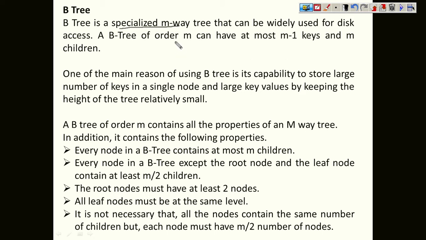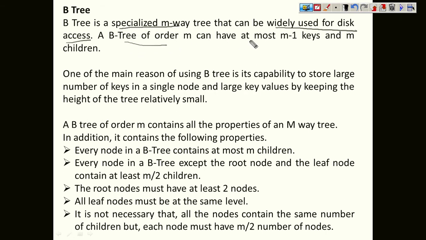B tree is basically a technique where we want to provide a structure in the hard disk so that we can store data in such a way that it can be accessed in a fast manner. B-tree is basically an indexing technique so that we are able to access the data from the hard disk in a better way. So it is widely used for disk access.